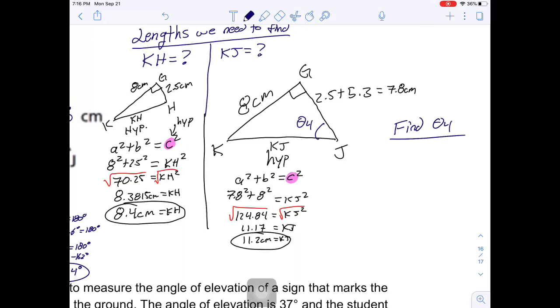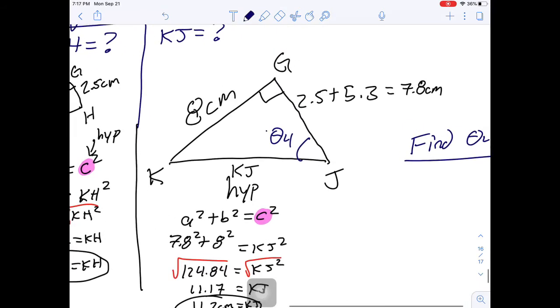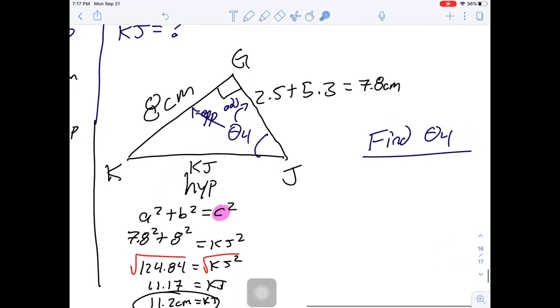So let's go find angle 4. How can I find angle 4? Well, what am I given? I have this side length, and I even have K to J because I solved for it. Determine where your hypotenuse is. Your hypotenuse is found here. And what are these side lengths in relation to this angle? Well, in relation to angle 4, this is the opposite side length, and this has to be adjacent because remember, hypotenuse cannot be adjacent.